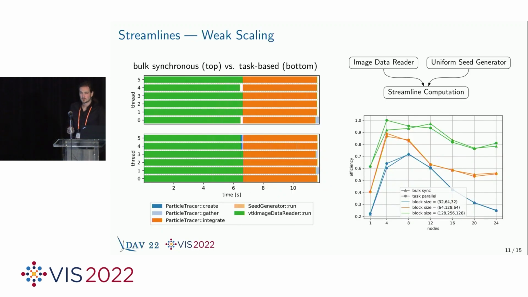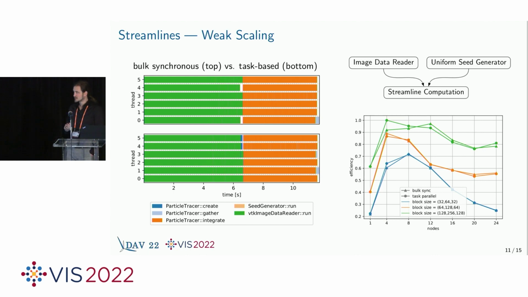So first, let's jump right into the streamline weak scaling experiments. Here we can see the pipeline structure on the right at the top, and on the left we can see some Gantt charts that show the thread occupation by the tasks, where the different tasks are color-coded.